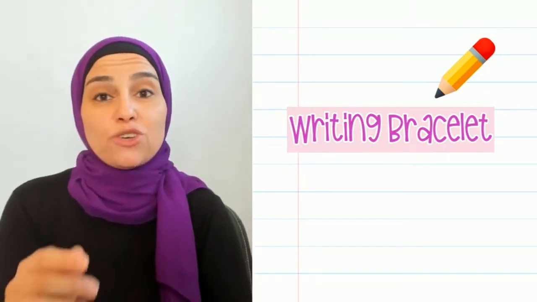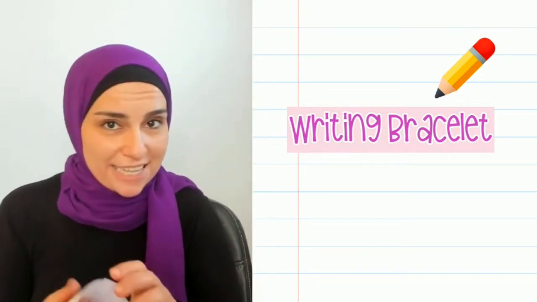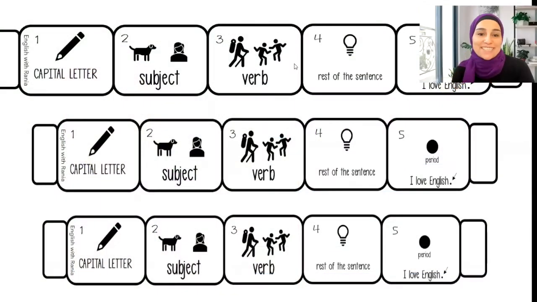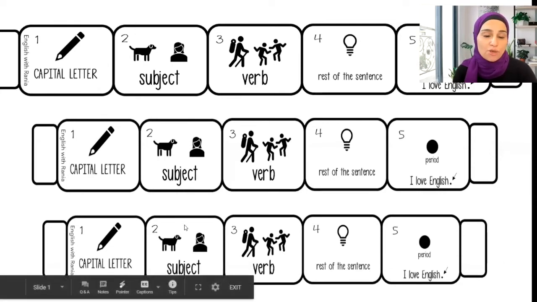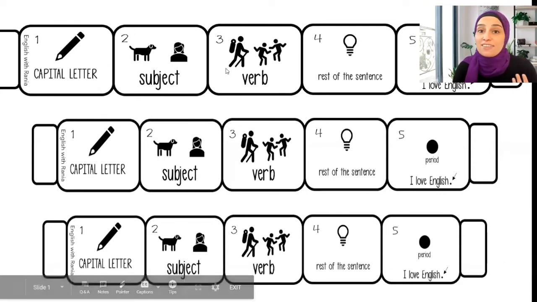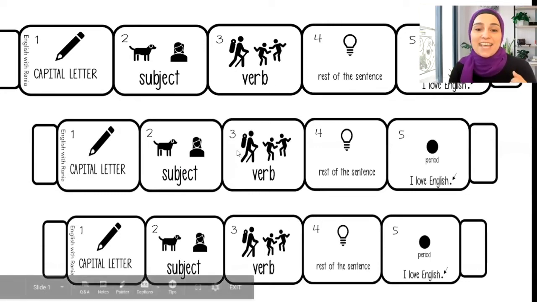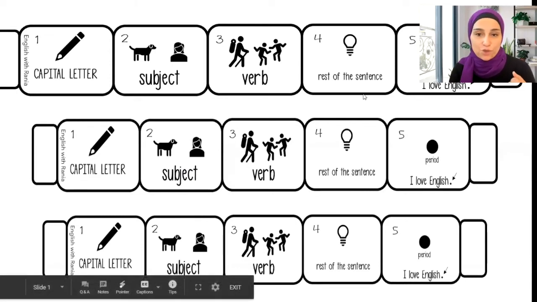If you don't want to use this idea as a bracelet, you can also do something else with it. So that's the writing bracelet in 3 different sizes. Okay, so I chose those 2 sizes depending on the size of your students. Actually, if your students are very young and have really small hands, then you can use any size that you want.